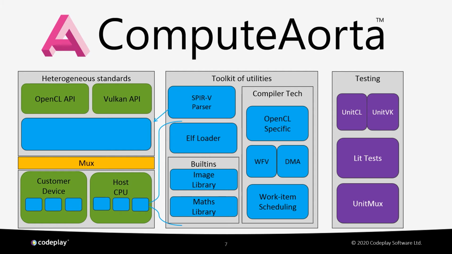But most of the items in the toolkit are to be taken and chosen per each MUX implementation. So for example, we provide pre-written implementations of the OpenCL and Vulkan image and math requirements, and a large amount of compiler technology that allows optimizations, such as a whole function vectorizer, DMA optimizations, or custom work item implementations.